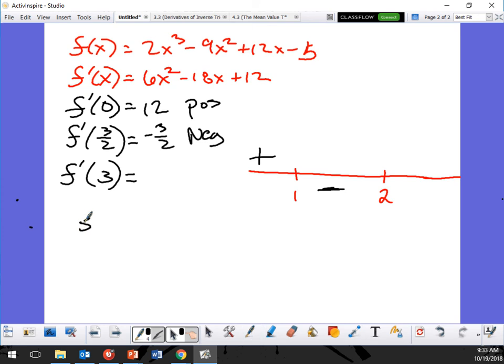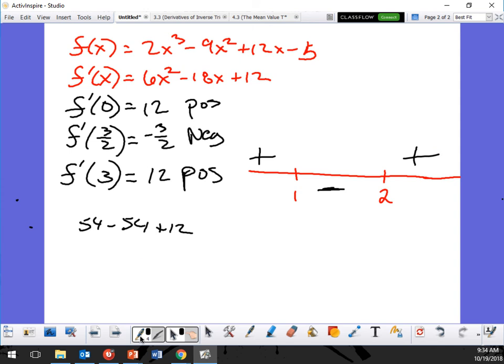Okay, let's see. 54 minus 54 plus 12, which is a positive 12. Did you guys get 12 also? Okay, good. Because I'm kind of winging it here on this one. So hopefully my mental math is working. All right, positive.